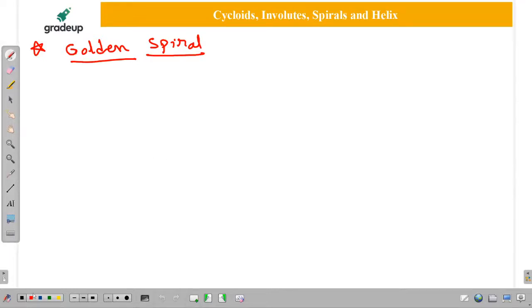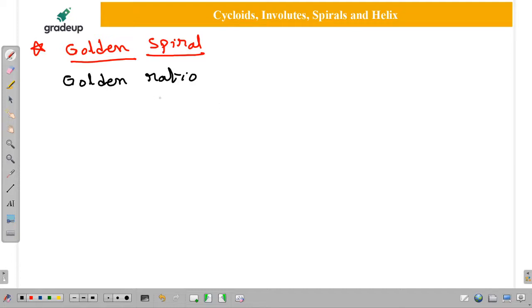Golden spiral. Before moving into this, we have to know some basic information. That is the golden ratio. Okay, thank you, Shinde.